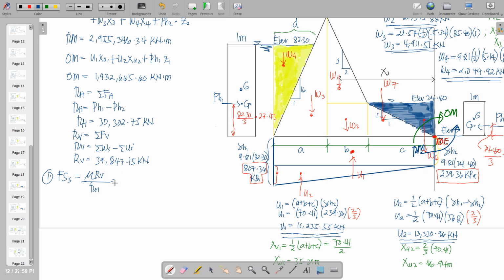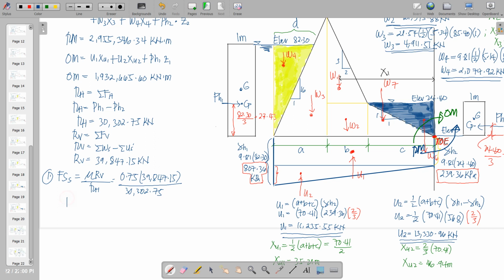Our mu given here is 0.75 times your RV, 39,847.15, all over your RH, 30,302.75 kilonewtons.